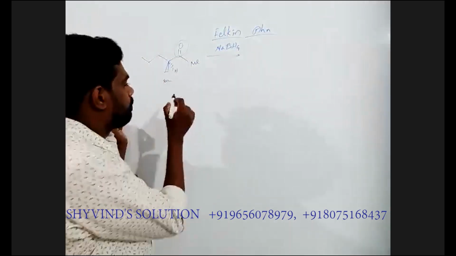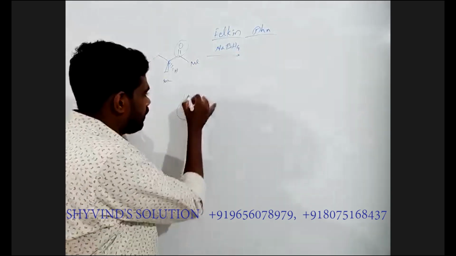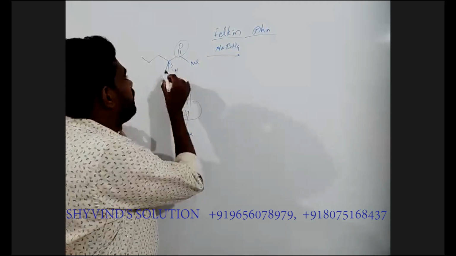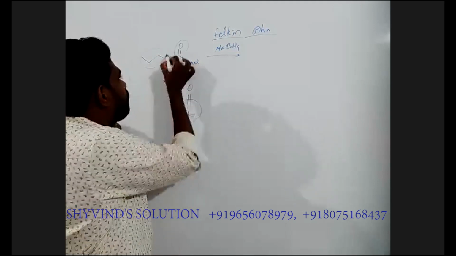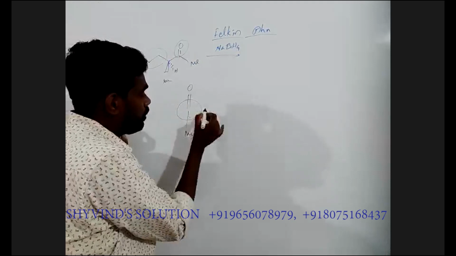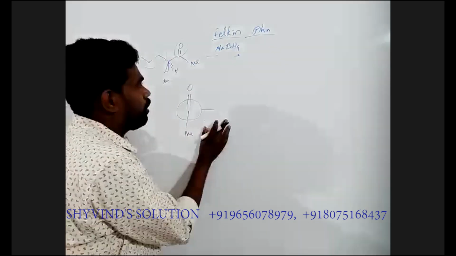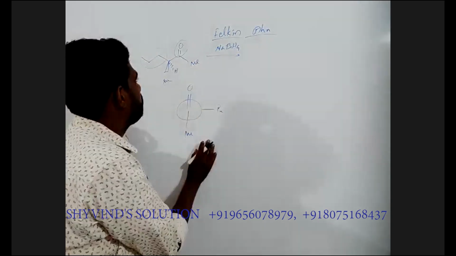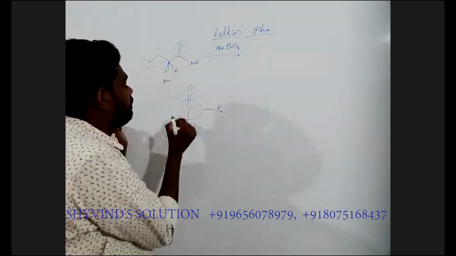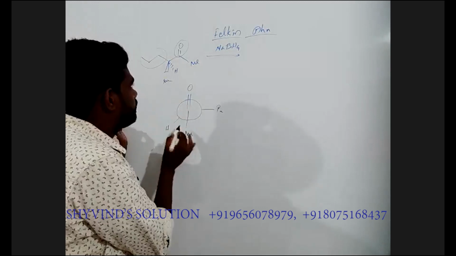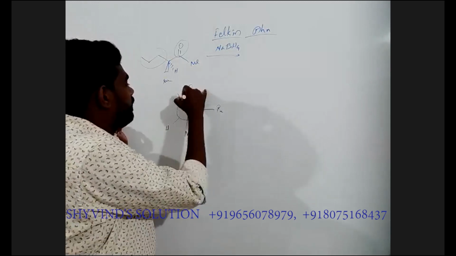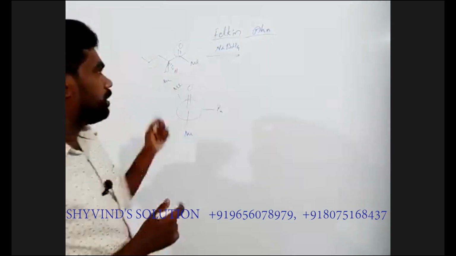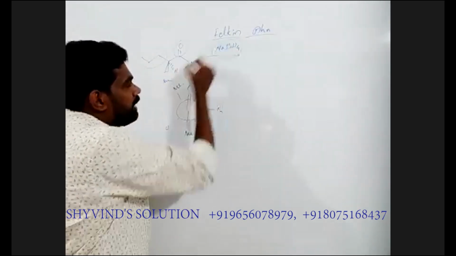To solve this problem, we should represent this in Newman form. This is the Newman representation. The bulky group of this carbon should be perpendicular to this carbonyl group. That is how the Felkin-Anh model is represented. So propyl group, and hydrogen should be nearer to this Me and Me. This is the Felkin-Anh representation for this particular molecule, and NaBH4 is the reagent.